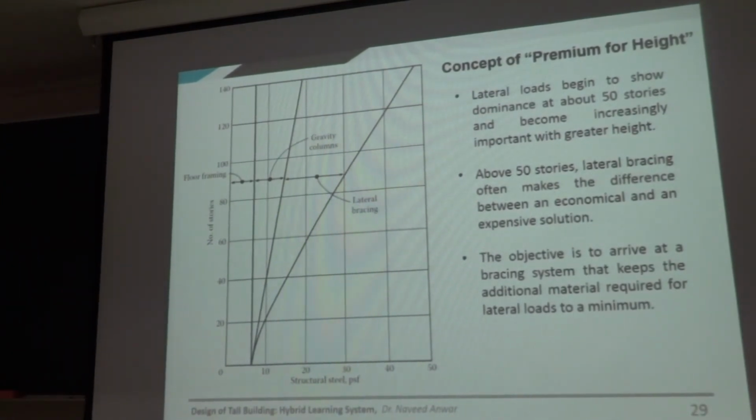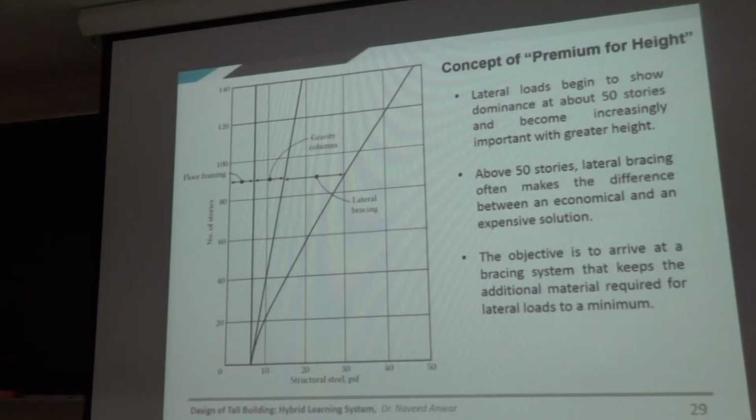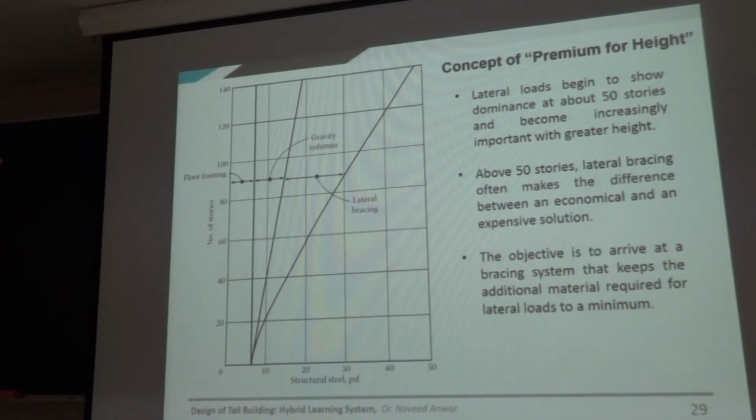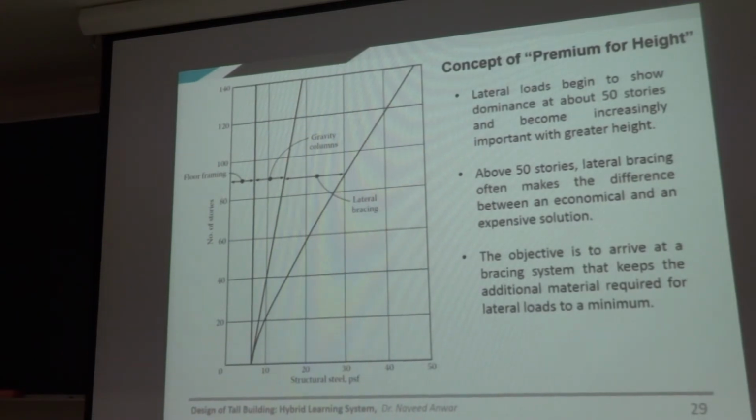So that is one way to beat this curve, is to reduce, this is assumed straight height. So if you reduce the area in the same proportion that the wind is increasing, you end up with a straight line increase, which gives you less premium and you can go taller, right? So this is using a conventional system.